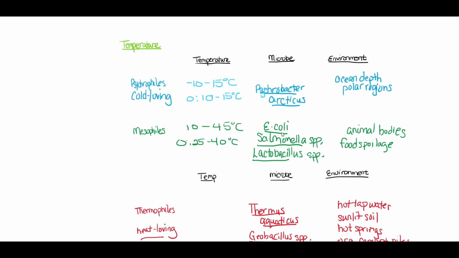We have E. coli as an example, Salmonella species, and Lactobacillus species, and they are found in animal bodies or in food spoilage. Continuing on, we have thermophiles.